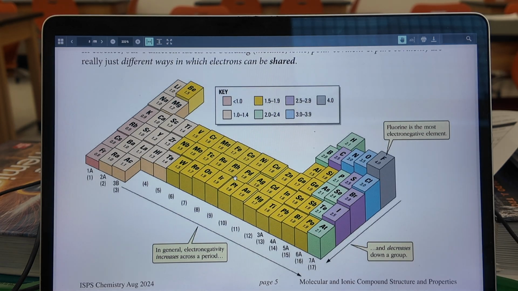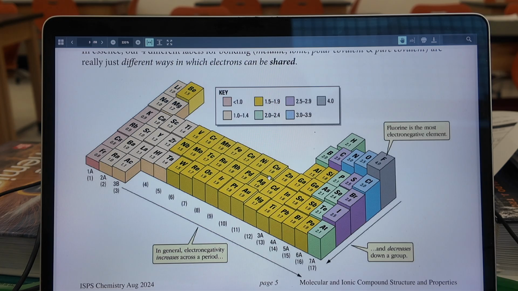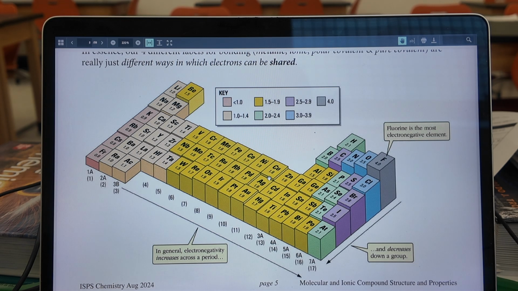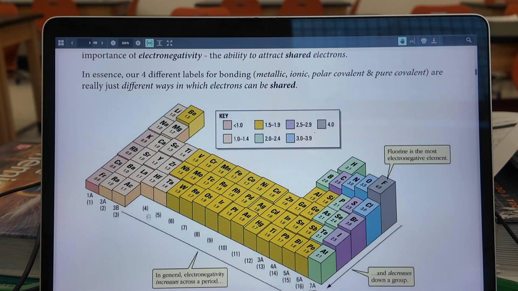Now, this will be given to you in different ways. And these numbers are basically the electronegativity numbers, also known as the Pauling scale. The element with the highest electronegativity is in the upper right hand corner, and you can tell this trend pretty easily.